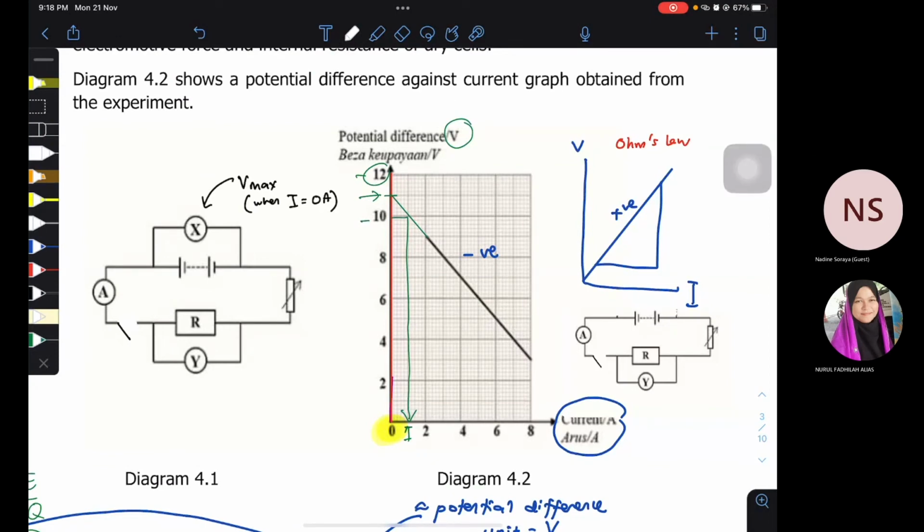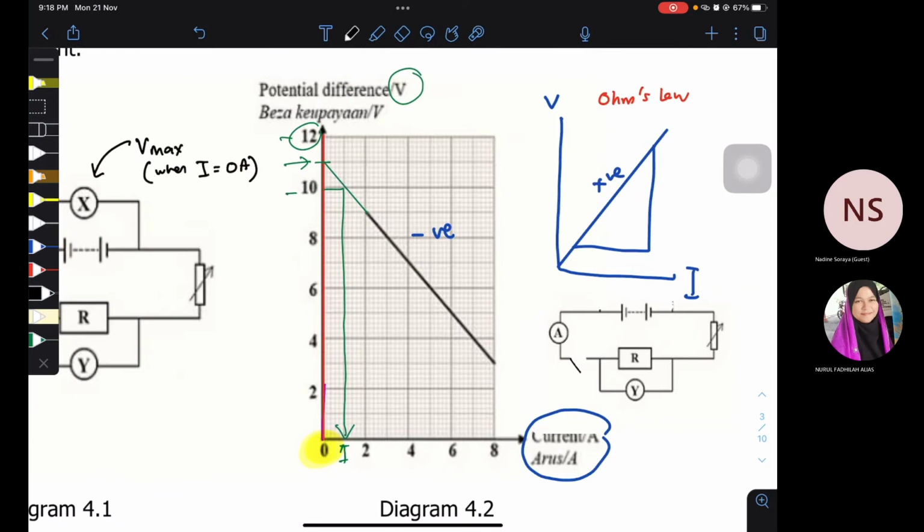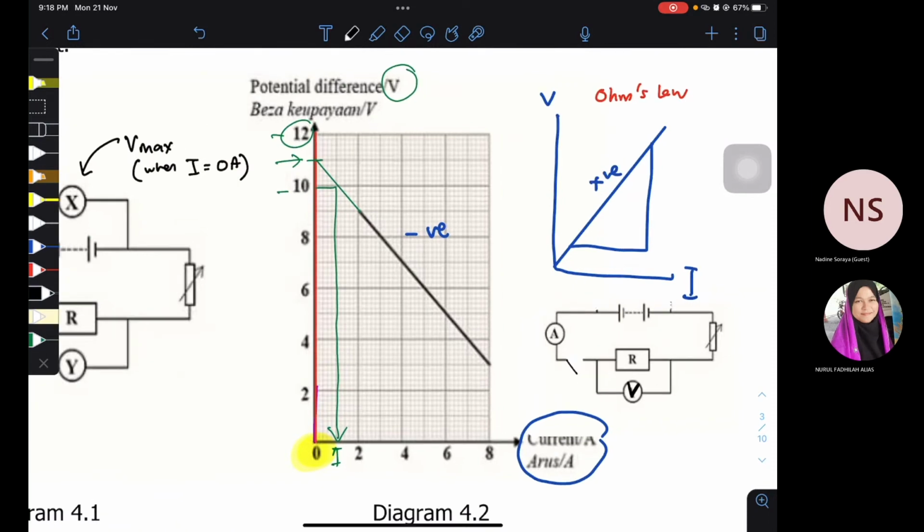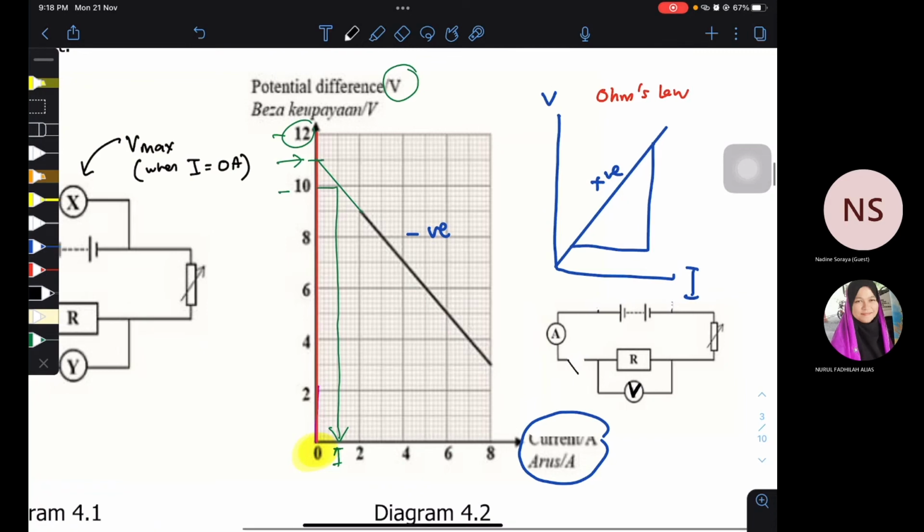Kita tak letak voltmeter across the right side. Kita letak voltmeter di sini. Across resistor. Jadi bila kita letak voltmeter across resistor, kita akan dapat nilai benda lain. EMF, kita tak dapat EMF. Okay? Boleh tak? Okay, jadi kan kat sini, jadi awak kena faham soalan ni adalah pasal EMF.